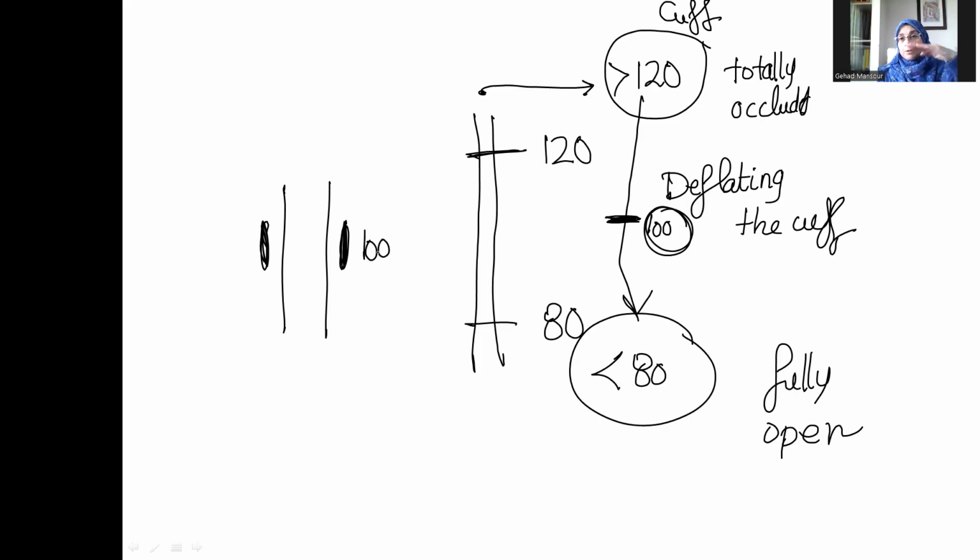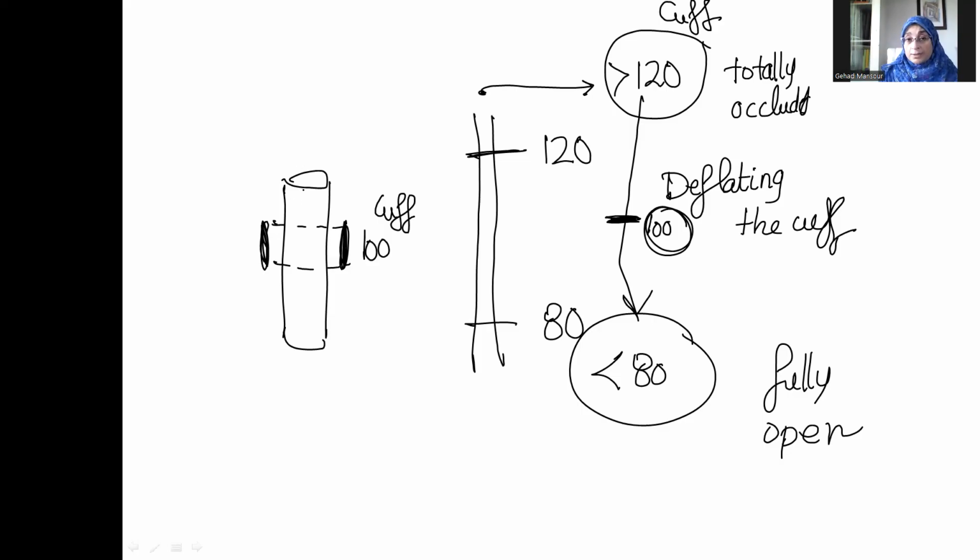Suppose you stabilize the pressure at 100 and you no more deflate. But the artery inside is not stable. The pressure in the cuff is stabilized at 100 because we are no more deflating, but the pressure inside is not constant.